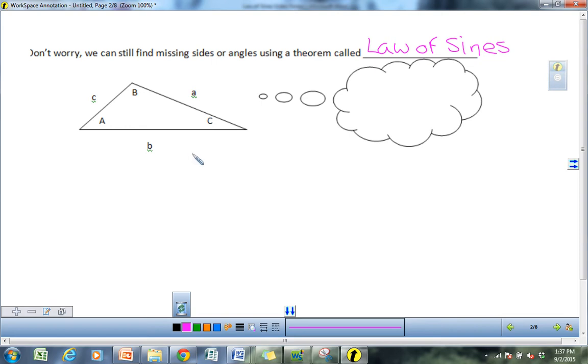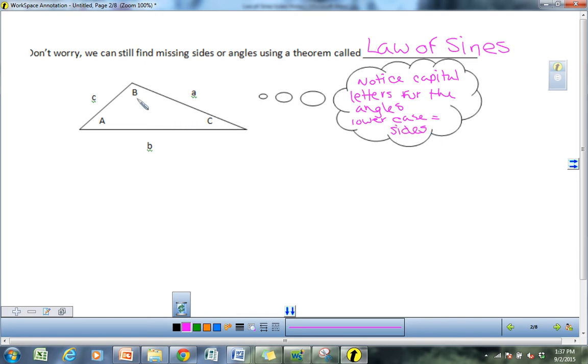We don't have a right angle, but what we do have is capital letters for all of the angles. Notice capital letters for the angles, and lowercase letters for the sides.